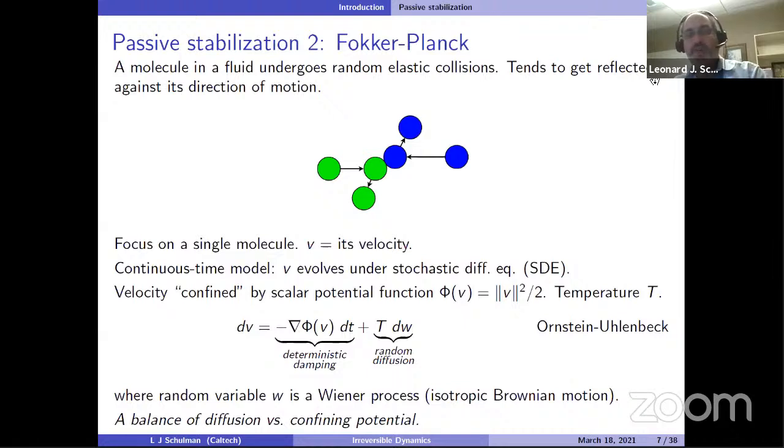The first component is this deterministic damping, which is minus the gradient of this potential function phi. That's what tends to act against you when you're running fast. It's essentially a potential function on the velocity, which we're going to take to be quadratic throughout. But there's another term, and the other term is the heat or the noise term. And that's what's called a Wiener process.